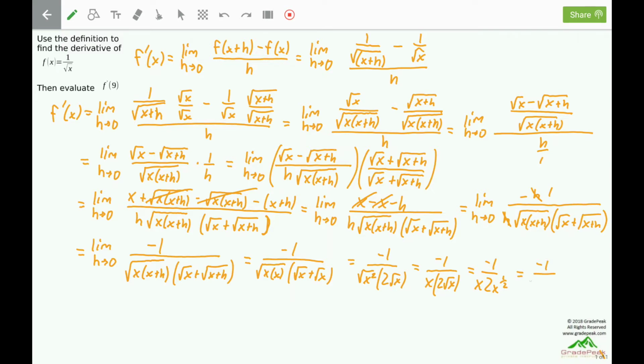The 2 can be put out front, and I'm going to have an x to the 1 and an x to the 1/2. You can combine those by adding the exponents, 1 plus 1/2.